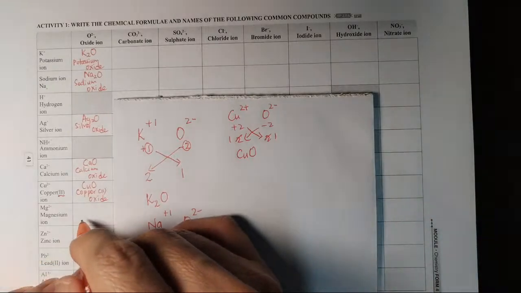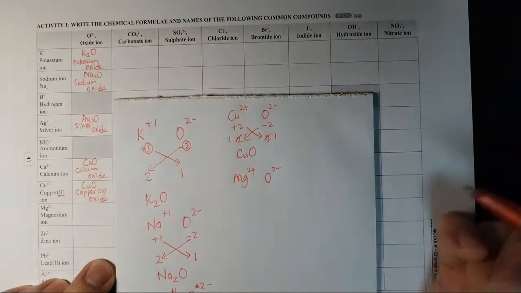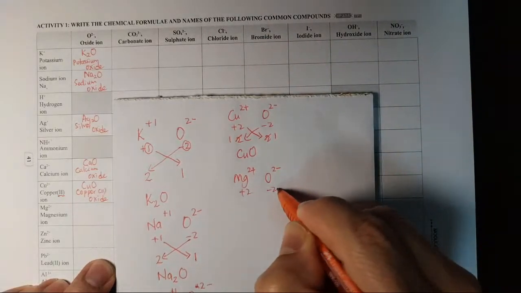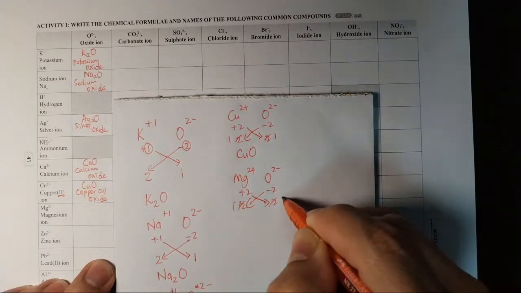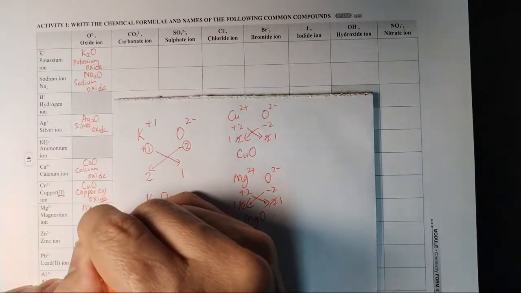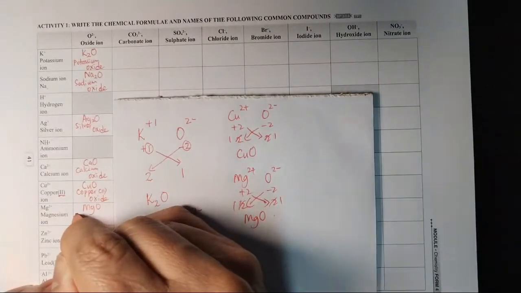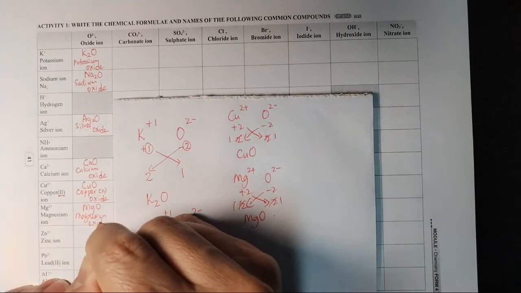Then magnesium Mg2 plus, O2 negative. Plus 2, negative 2, interchange 2, 2. So 1, 1. So it's MgO, magnesium oxide.